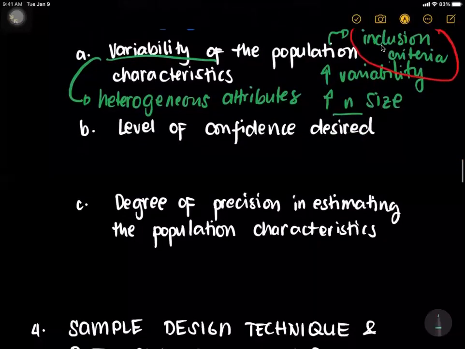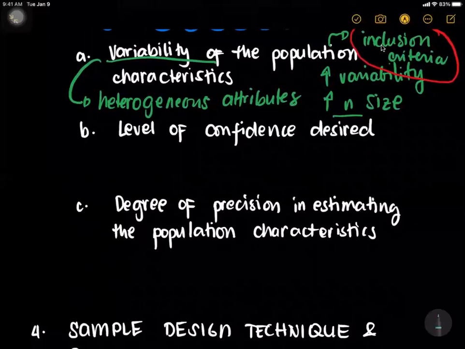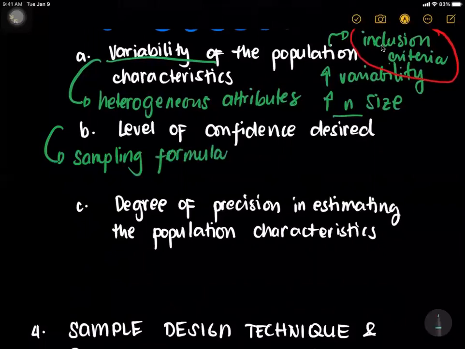Okay, the second one is the level of confidence desired. So the level of confidence also comes with a margin of error, or this is the statistical aspect in determining your sample size, because in this factor, we use a sampling formula. So it depends on the type of formula that you will use. So we have your Slovin's, or your Yamane's. We also have your Naes formula.